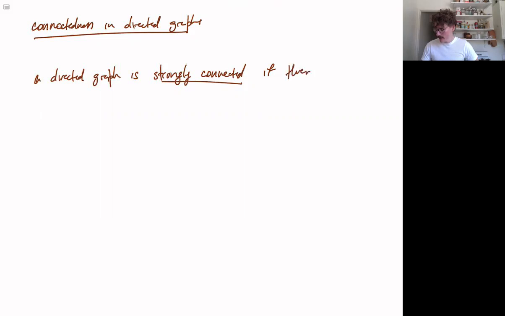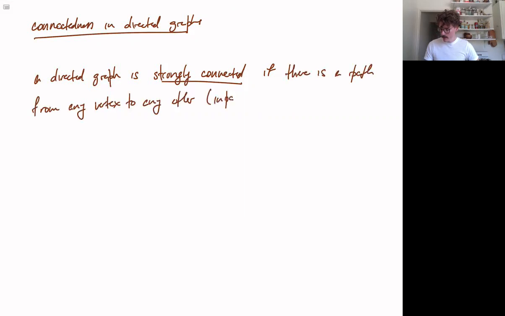If there's a path from any vertex to any other. In particular, unlike the case of undirected graphs, this time we have to worry about directions. So in particular, we're saying in both directions between any pair of vertices. So from A to B, and from B to A.